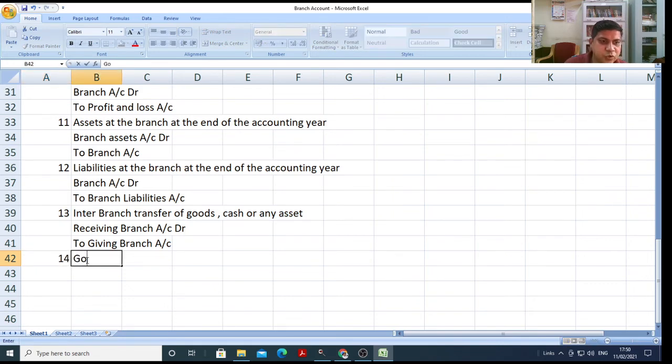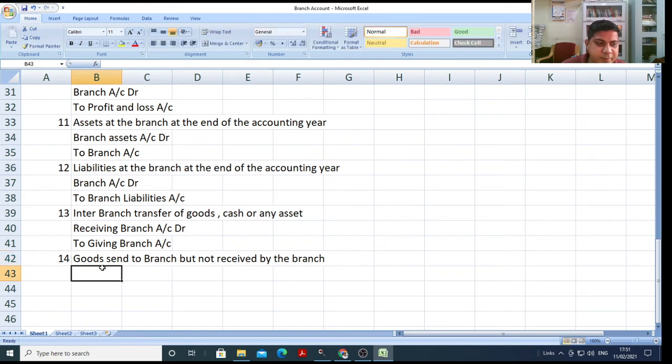Next, goods sent to branch but not received by the branch. So it is called goods in transit.